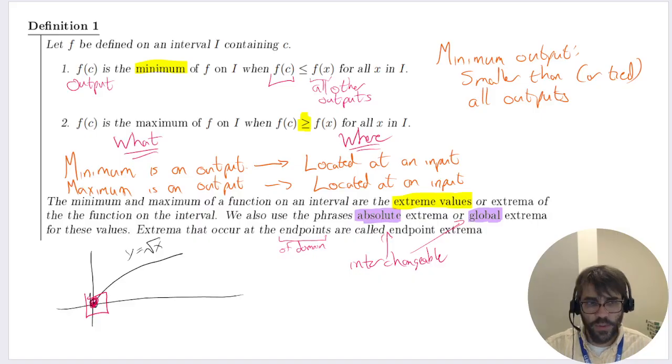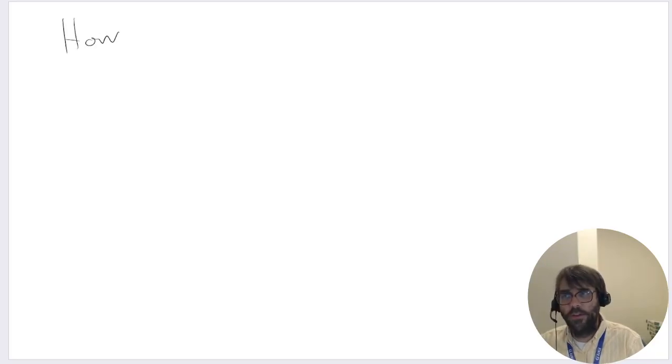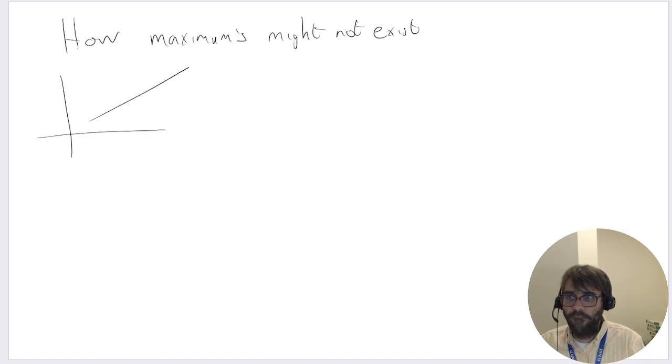And so what I want to do is just take a slide here to try to understand how maximums might not exist. I'm going to focus on maximums. Method number 1 is this kind of thing.